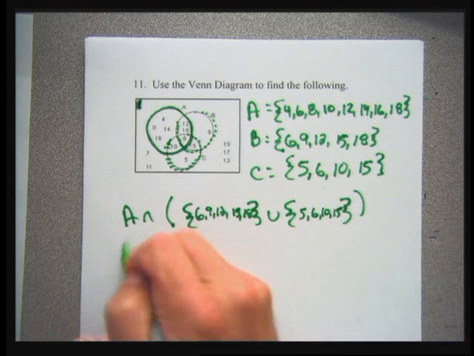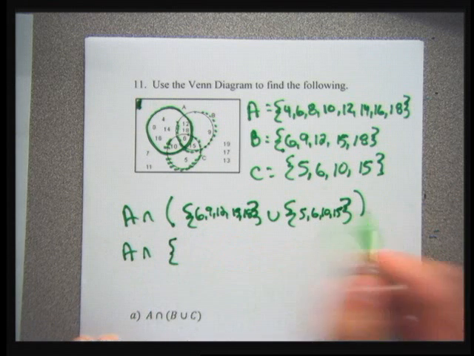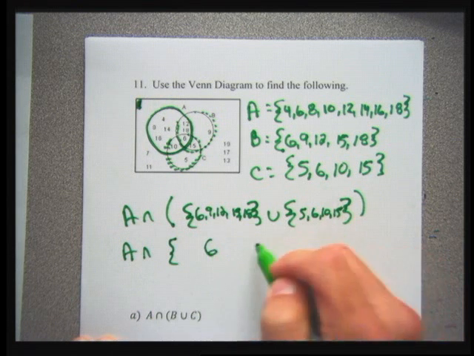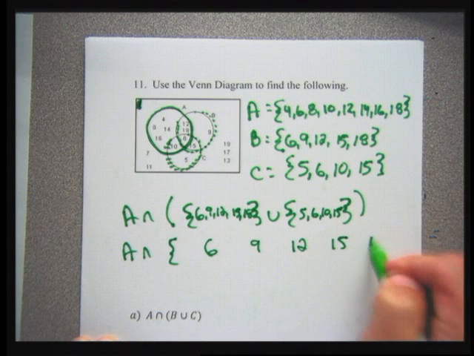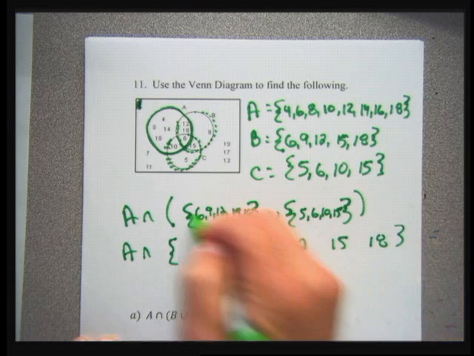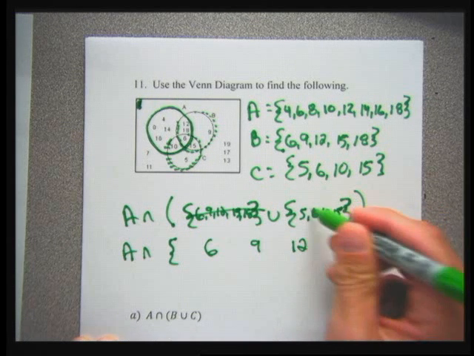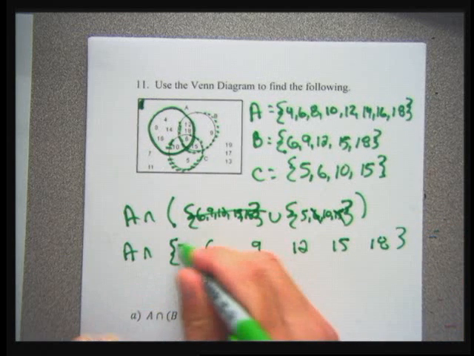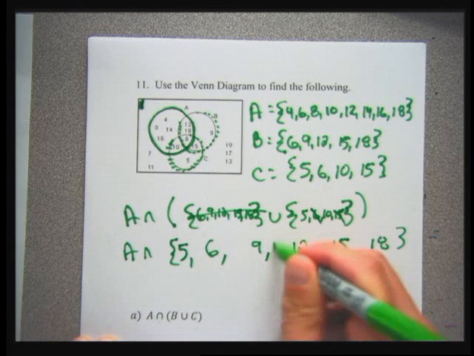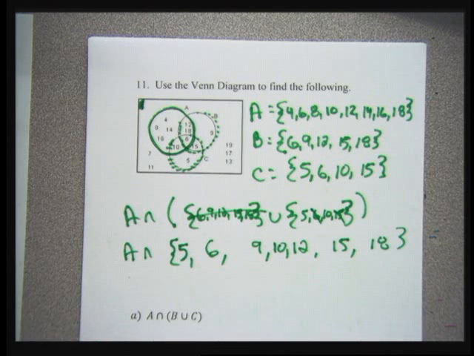When I union those two sets, I take the entire left set, which is 6, 9, 12, 15, and 18, and I'm going to add anything from the right set that I haven't already added. I already had the 6 and the 15, so I need to add the 5 and the 10. So the union of those two sets gives me the set 5, 6, 9, 10, 12, 15, and 18.